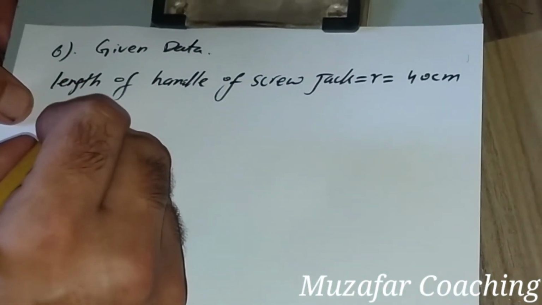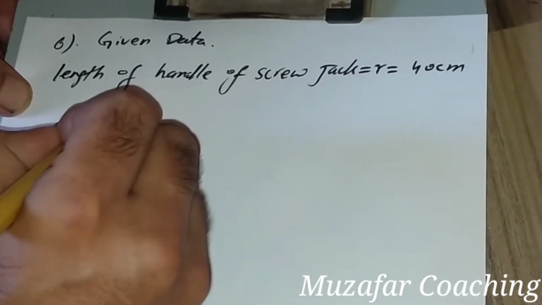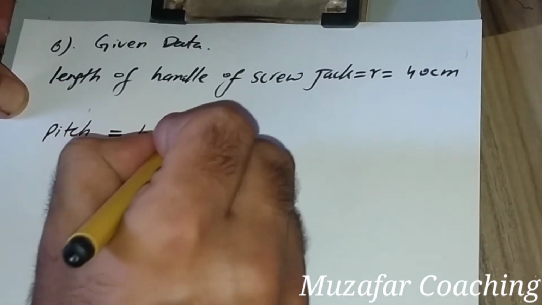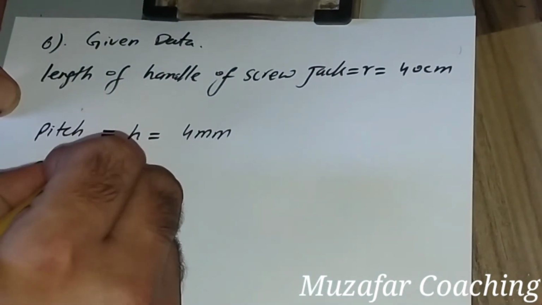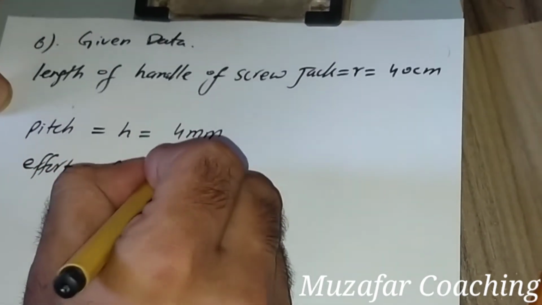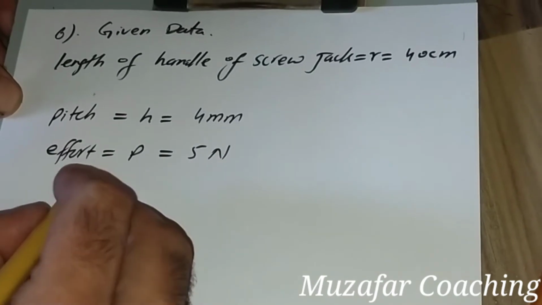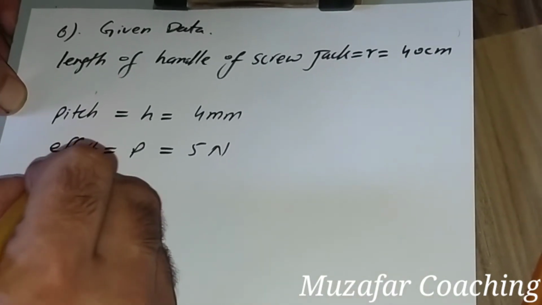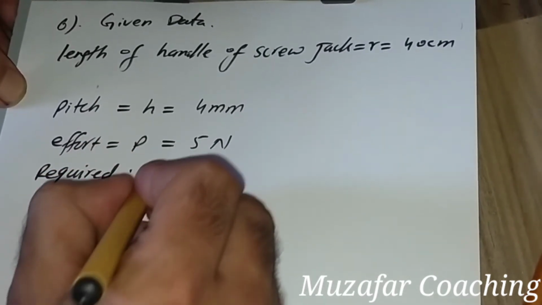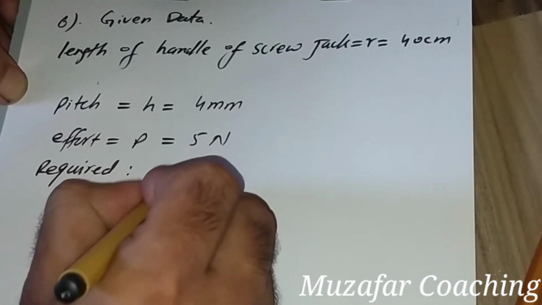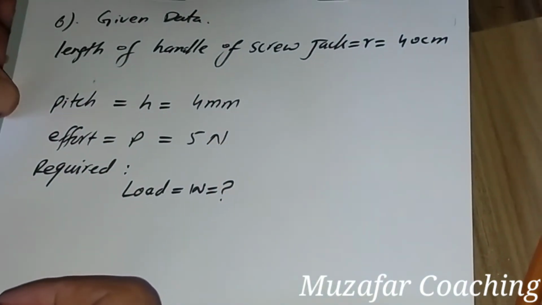Next, we are given the pitch. Pitch is denoted by H, that is 4 millimeter. And effort is given to us. Effort is denoted by P, which is 5 Newton. And we are supposed to find the load, which is denoted by W. So we have to find the load over here, W.